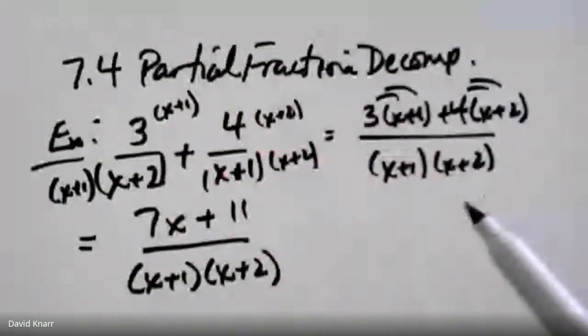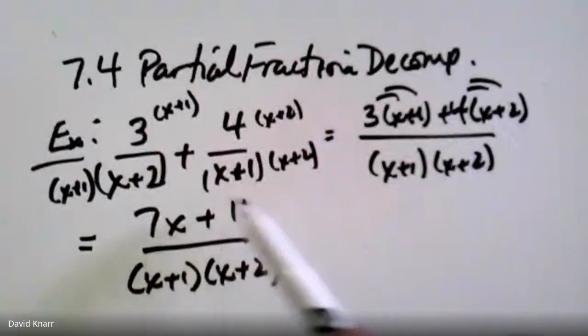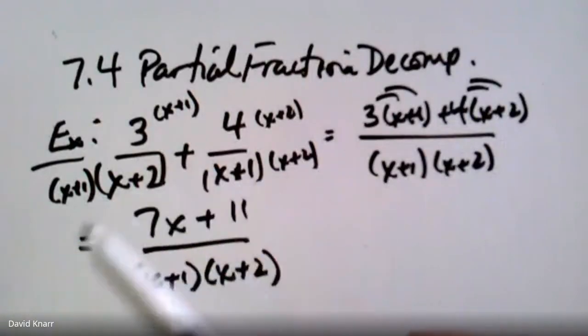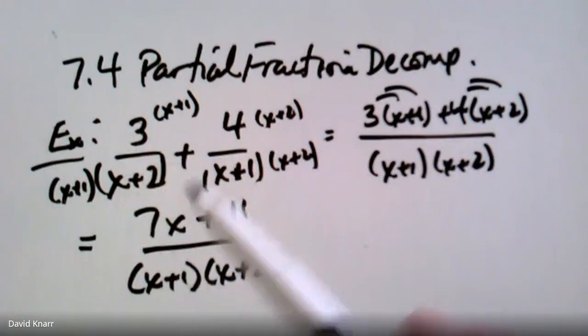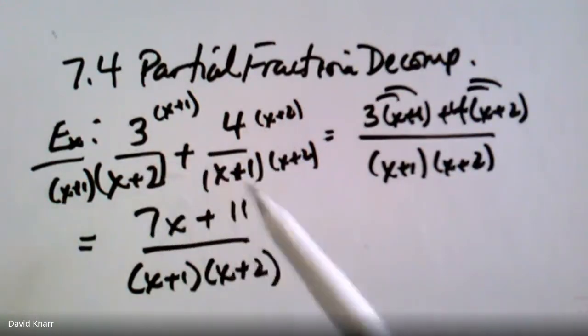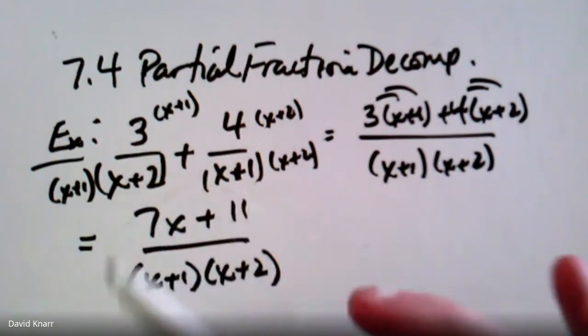That is my combined fraction after I add these two fractions together. Everybody knows how to take these two fractions, combine them, add them, and get this answer.